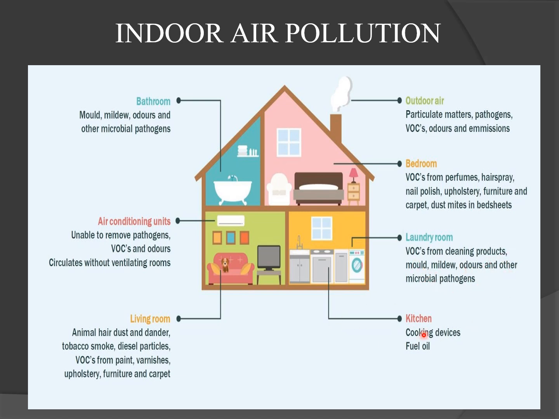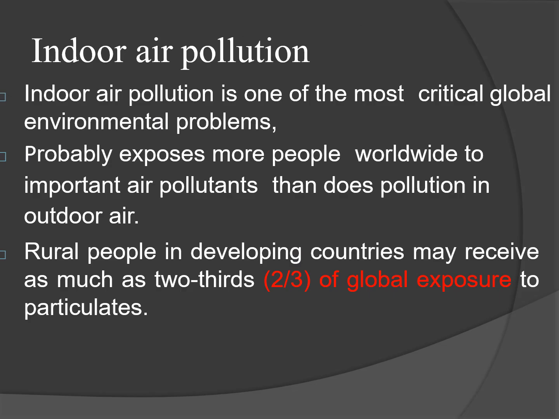From the kitchen, cooking devices, fuel oil, outdoor air, particulate matter, VOCs. From the bathroom, odor and other microbial pathogens. From air conditioning units, once again VOCs. And from the living room, animal hair, dust, dander, tobacco smoke, diesel particles, and VOCs. These are all the causes by which indoor air pollution occurs.